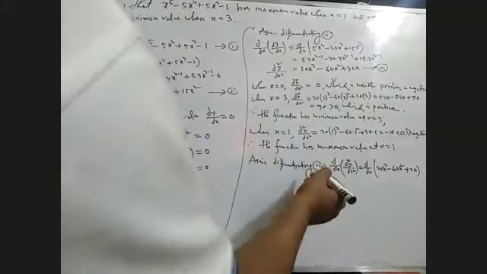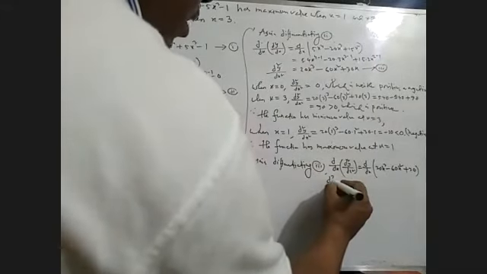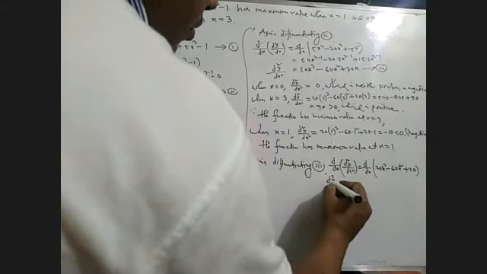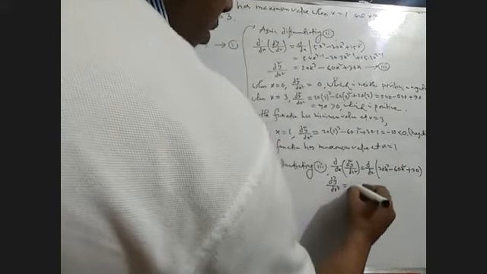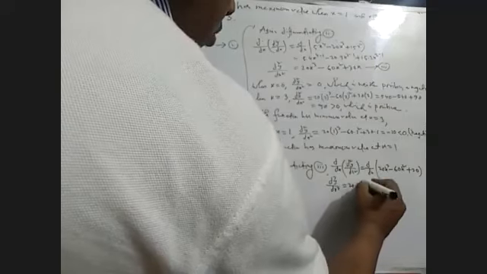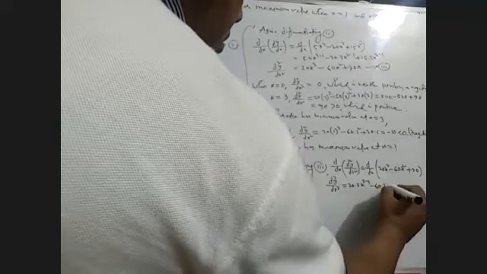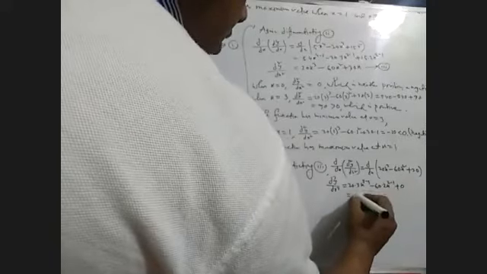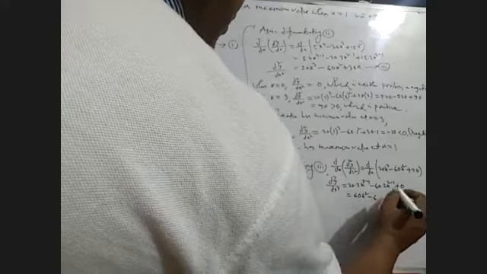So we get third order derivatives of y with respect to x: 20 into 3x to the power 3 minus 1, minus 60 into 2 into x to the power 2 minus 1, plus 30 into 1.